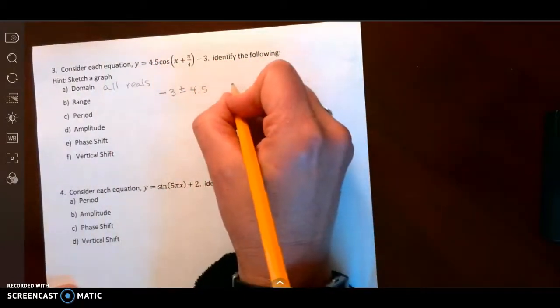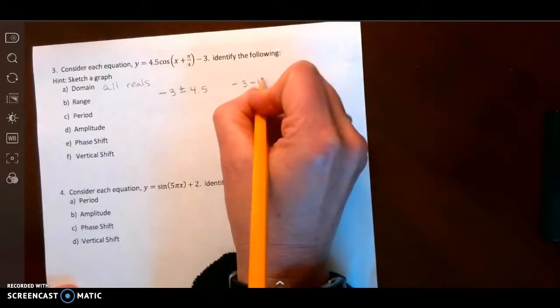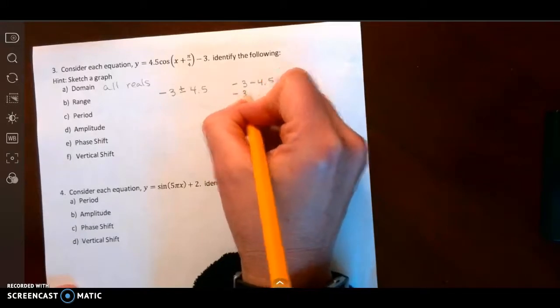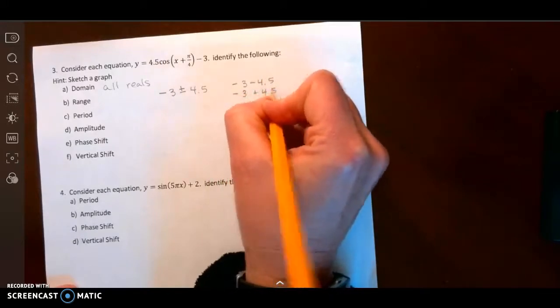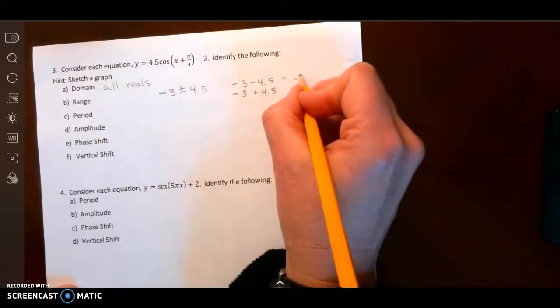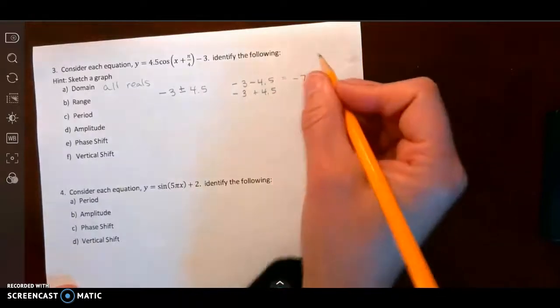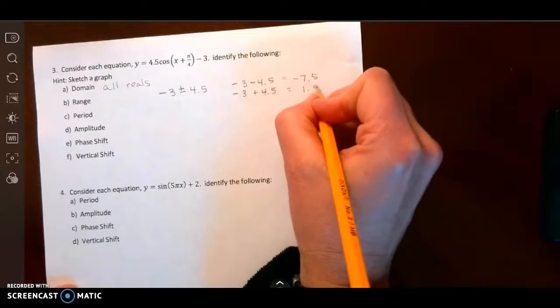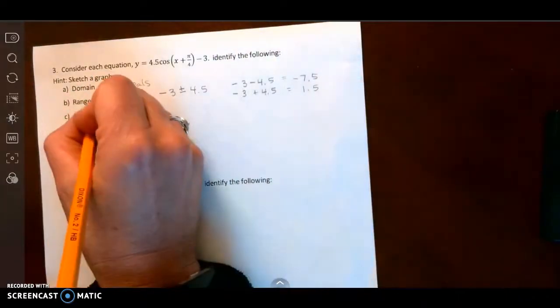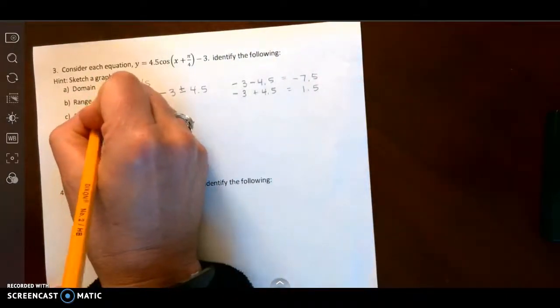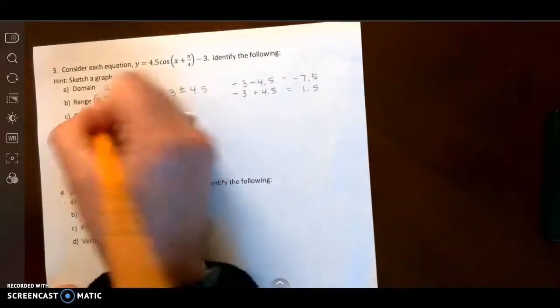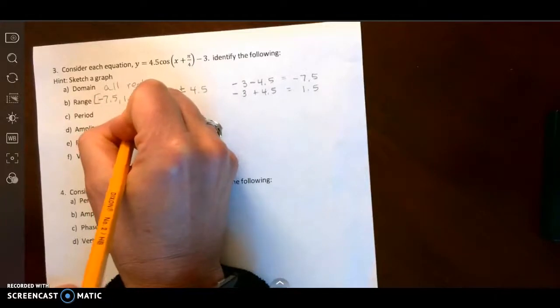So the minimum value would be -3 minus 4.5, and the maximum value will be -3 plus 4.5. So that's going to be -7.5, the lowest part of the graph, and +1.5 would be the highest. So I can write this in bracket notation, -7.5 to 1.5, or as an inequality.